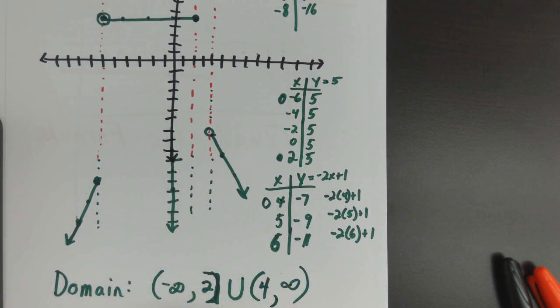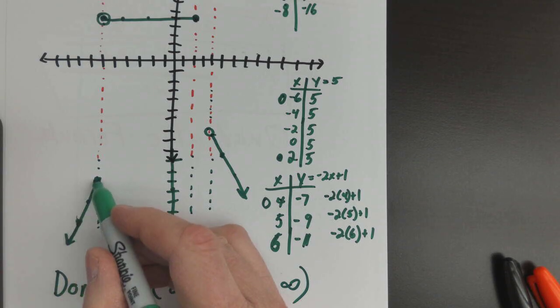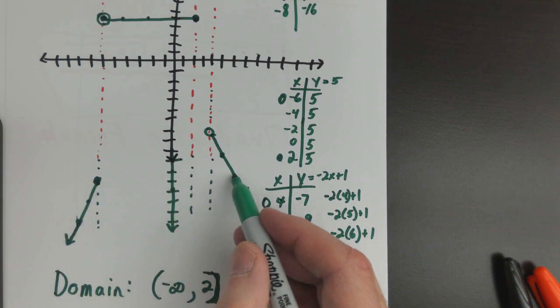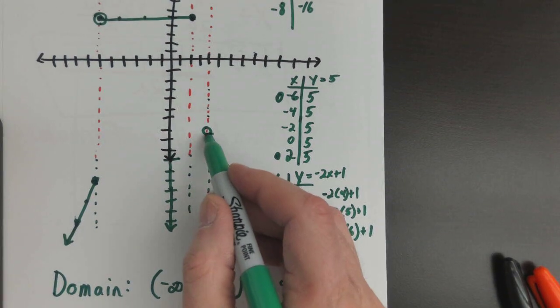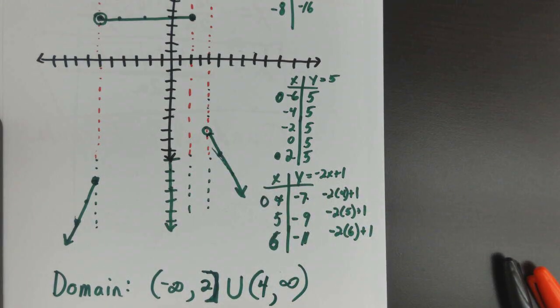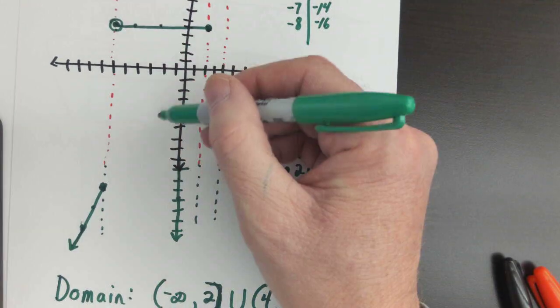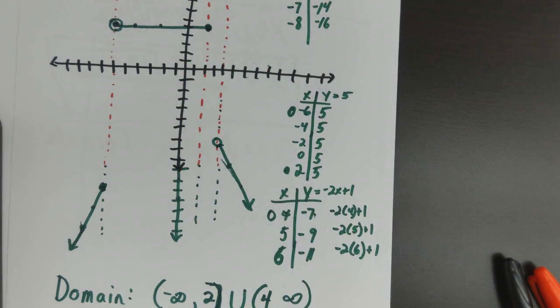The range, it'll go down forever. So it goes from negative infinity. And then it kind of goes up to here. You can kind of go over here, and it'll go up until we get to that negative 7. And then I've never had one do this before, but it just goes up to 5.